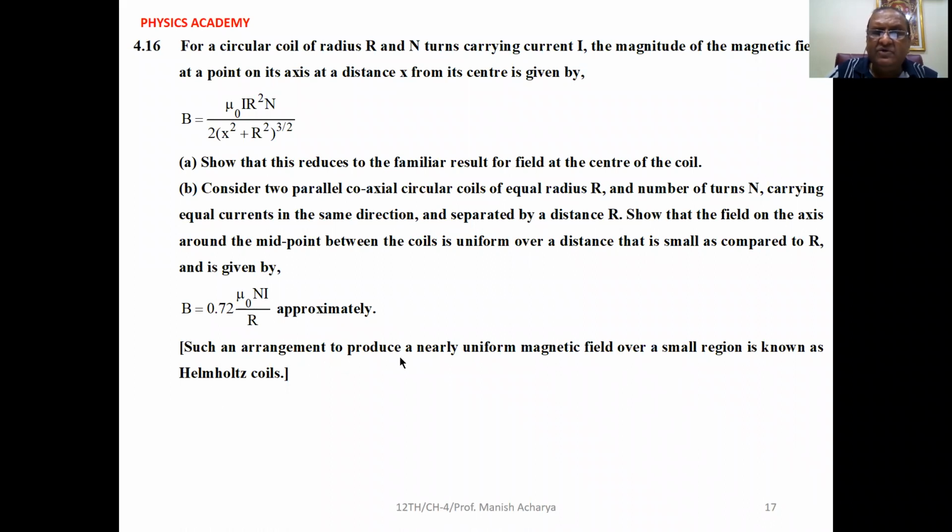Such an arrangement to produce a nearly uniform magnetic field over a small region is known as a Helmholtz coil. Okay.